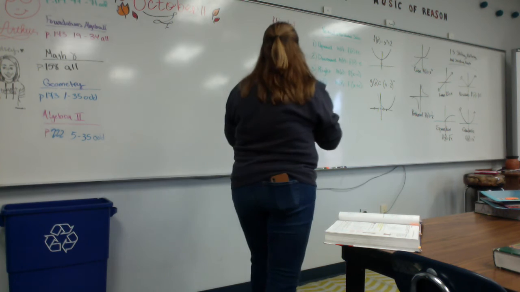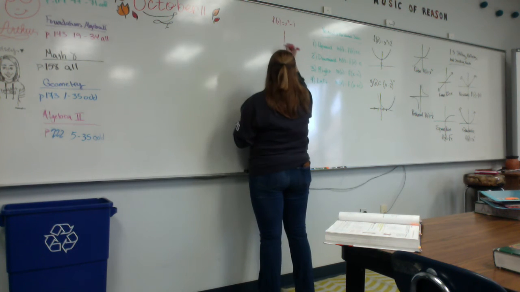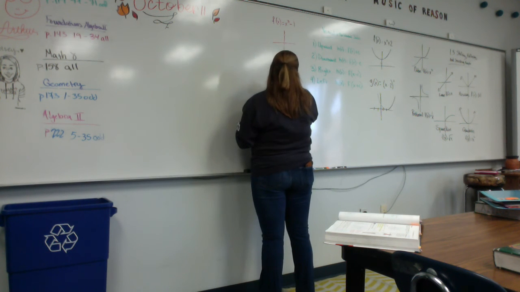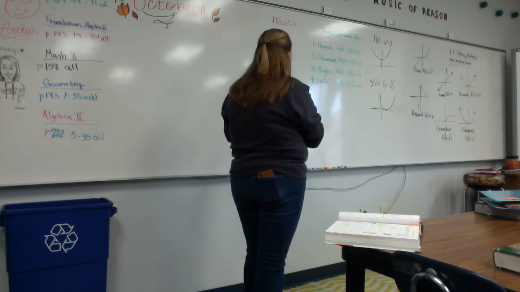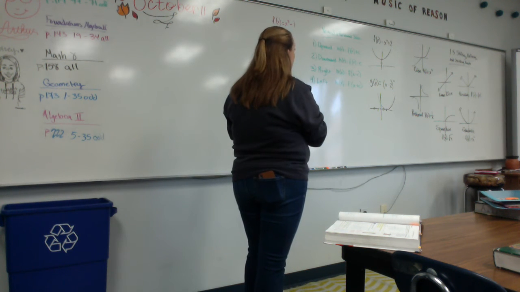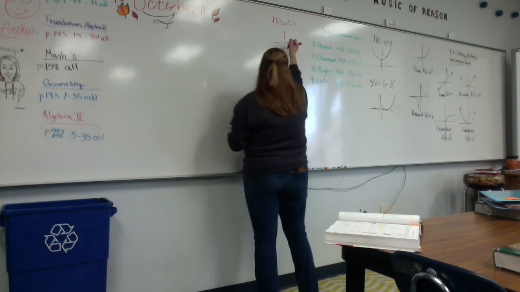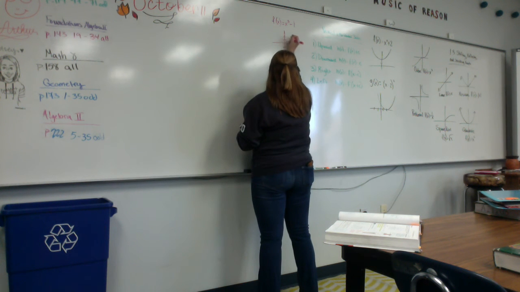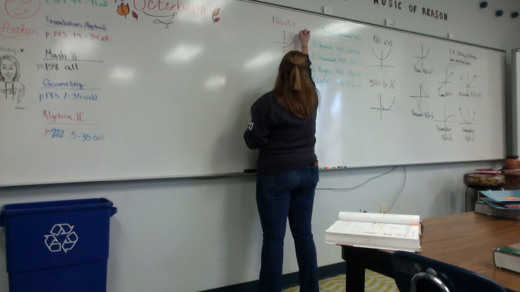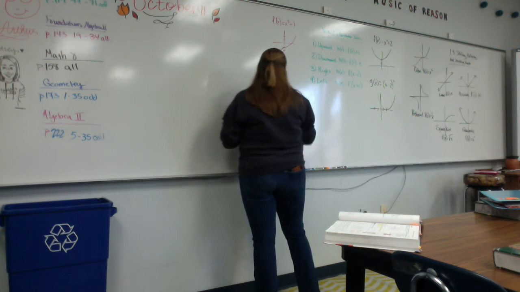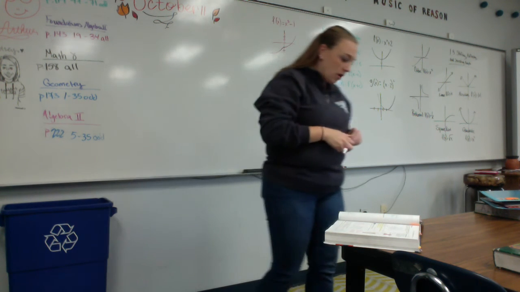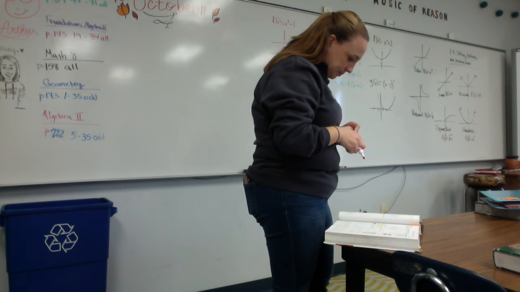And what's going to happen to it? It goes downward. It's going to go down 1 unit. So instead of starting here at 0, 0, it's going to start at -1, and it's going to come and go like this, and then its turning point's there. Okay, so the graph shifts down 1.